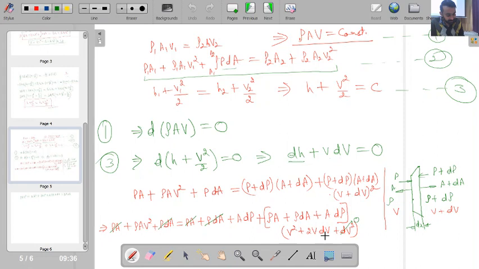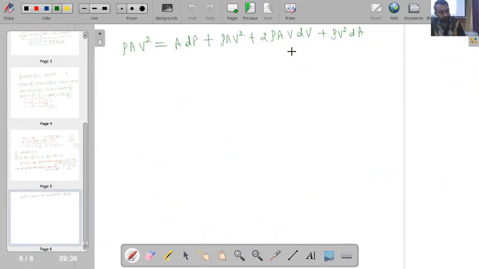Then the terms with dA and dV multiplying will be 0, and here also d rho and dA will be multiplying, so this will be also 0. Okay, then I have third term as AV square d rho.